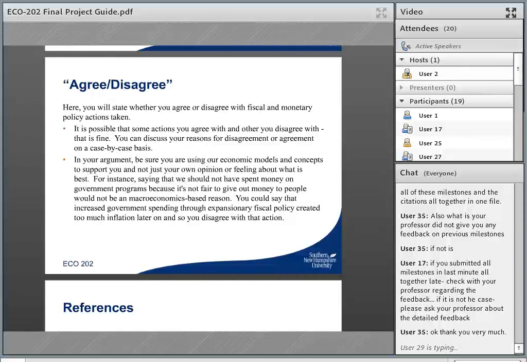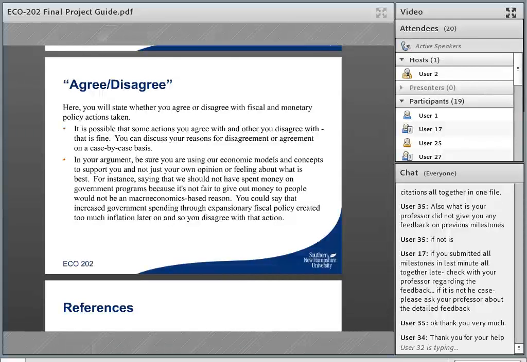And people might look at the same policy and come to different conclusions. Maybe in the short run it was good and that's why you agree with it, but someone else looks at the same policy and it's like, no, in the long run it wasn't good, so I don't agree with it. And both of those are based on some macroeconomic reasoning, hypothetically, but the two people can come to two different conclusions.